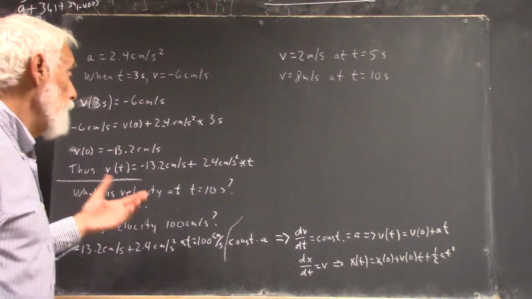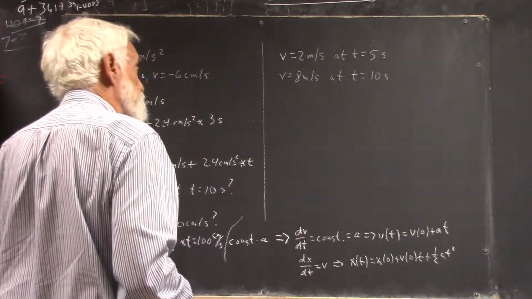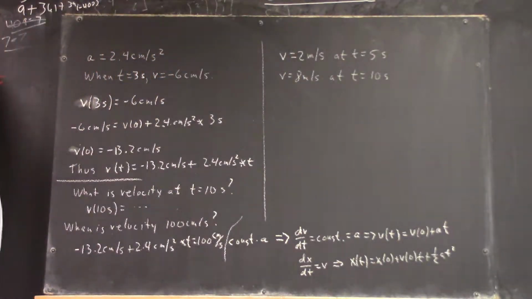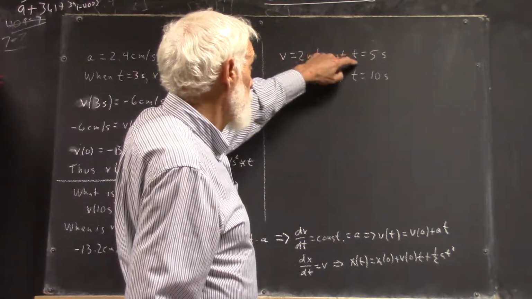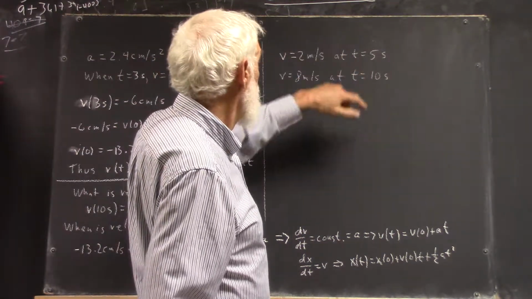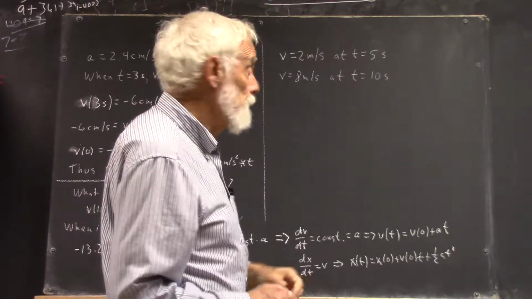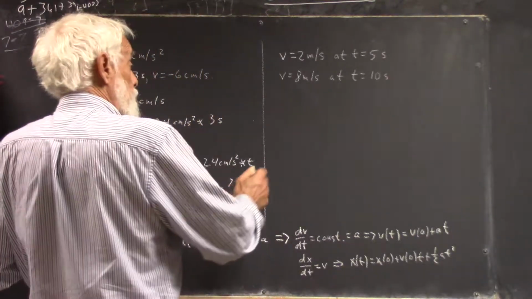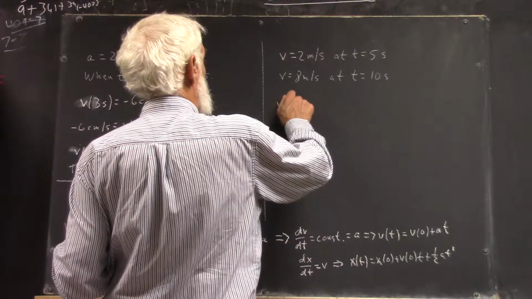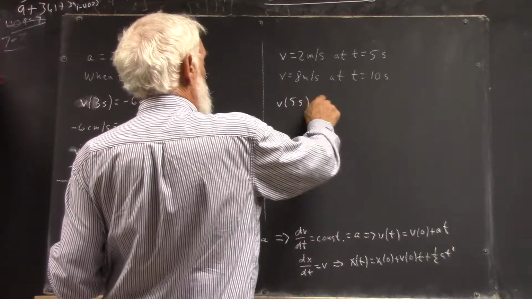Okay, another problem gives you the velocity at two different times, 2 meters per second at t equals 5 seconds, 8 meters per second at t equals 10 seconds. Well, we can say, okay, that v of t is what it is.